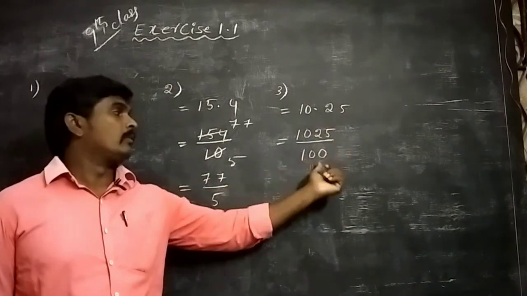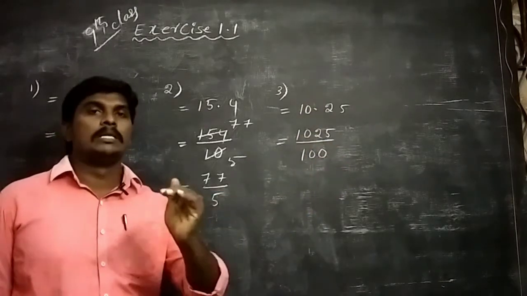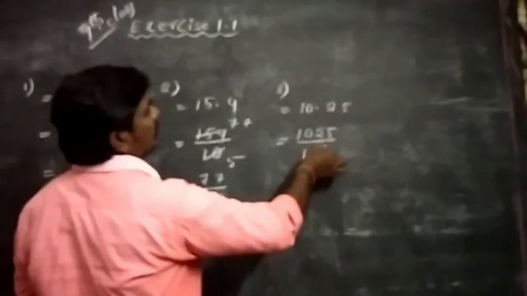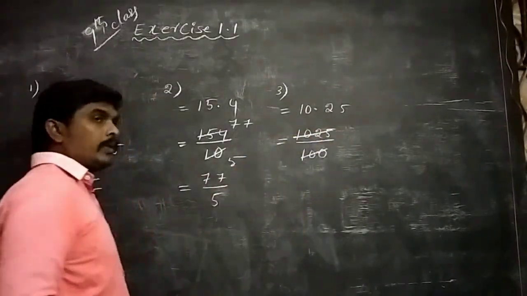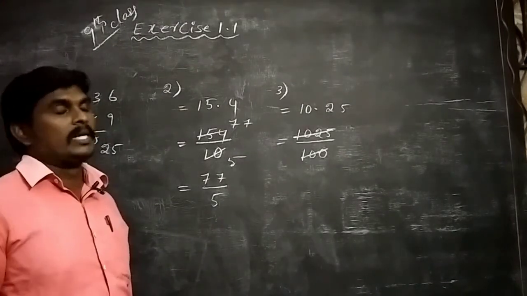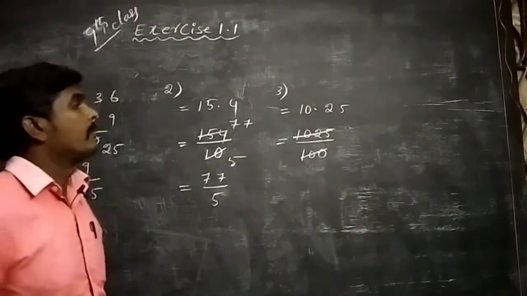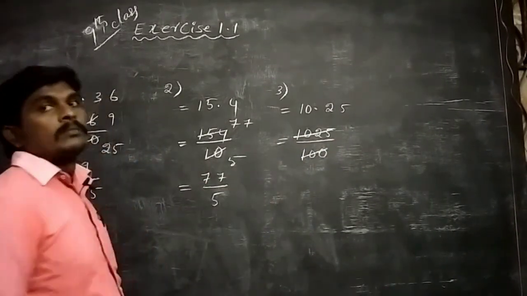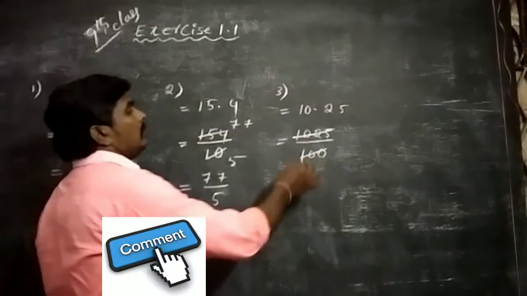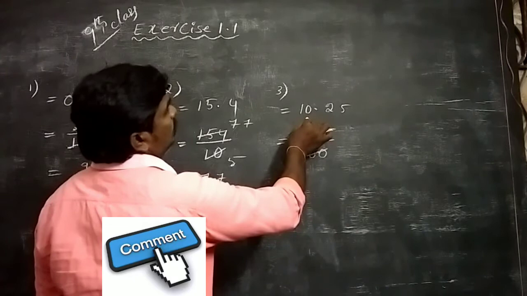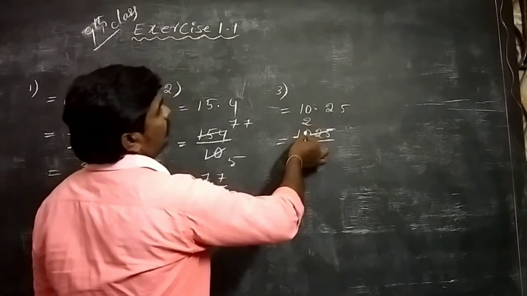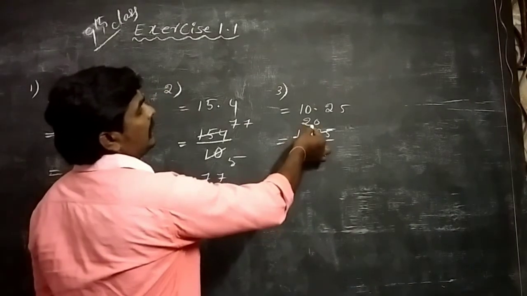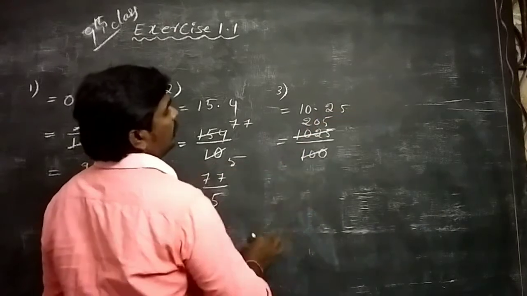After writing this way, now we have to write in simplest form. The numerator's last digit is 5, the denominator's last digit is 0. Both numbers are divisible by 5. We can apply the rule of 5. So cancel with the 5 table. If you know directly any big table such as 25, we can cancel, no problem. Now 5 2s are 10 and 0, 5 20s are 100, remaining 25, 5 5s are 25.